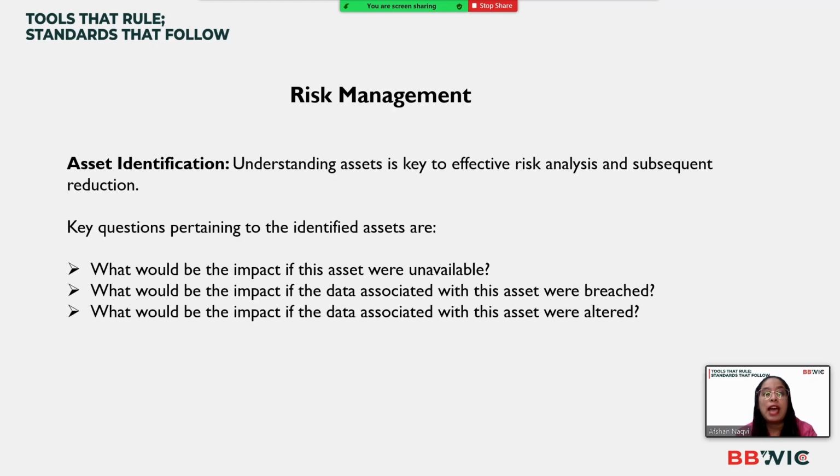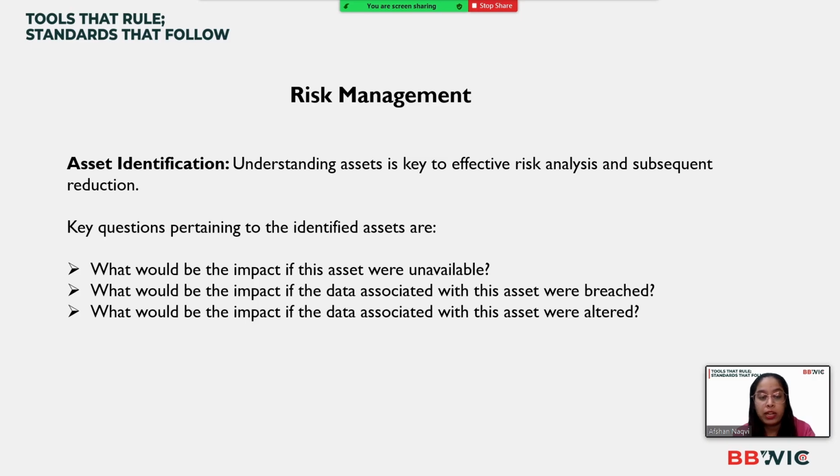Next one is asset identification. In order to manage risk, the risk must be understood. In order for risk to be understood, we have to appreciate the assets on which the vulnerability exists. Asset identification is a key phase of the risk analysis process, and we have to evaluate the asset values.